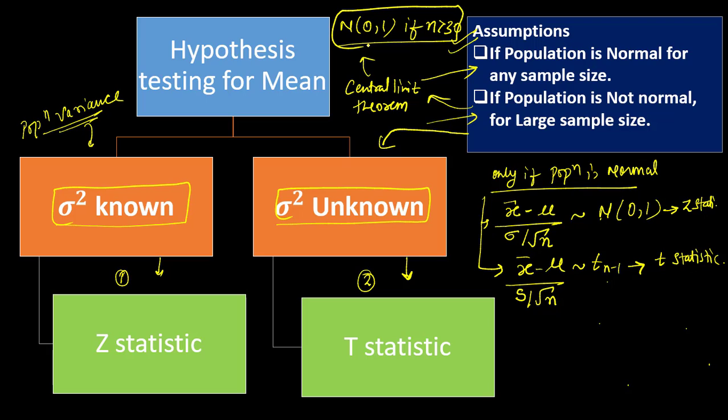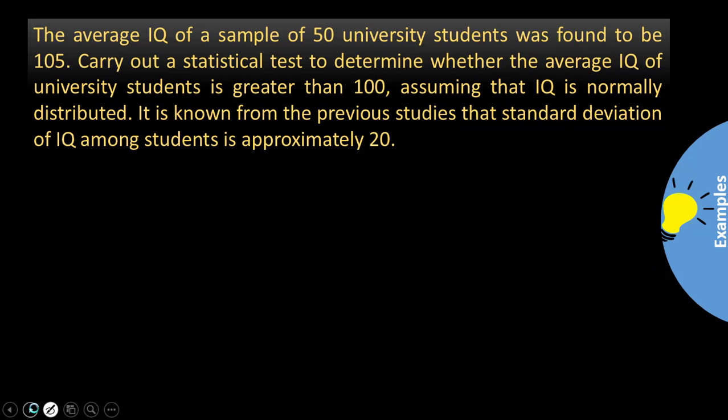Now let us go to the example and try to solve it. Most of you might have become familiar with this example since we have performed many calculations on it. The reason for using the same example in every lecture is to make you familiar with all the concepts required to solve hypothesis testing.